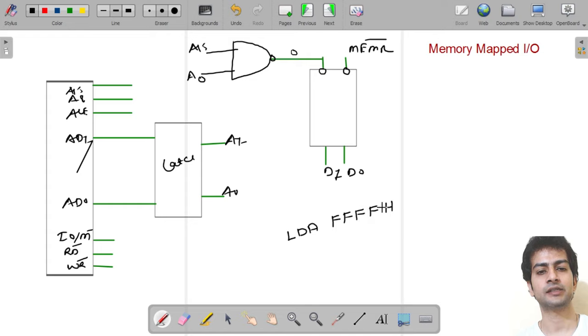The meaning of LDA 16-bit address is to load the accumulator with the data present at that 16-bit address.